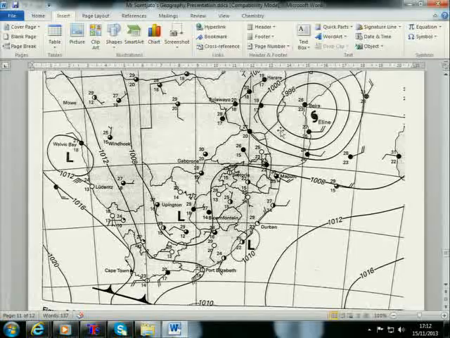Look at the eastern part of the map. We have a low pressure system here. This is a low pressure system. Now, how do we recognize this low pressure system as a tropical cyclone?